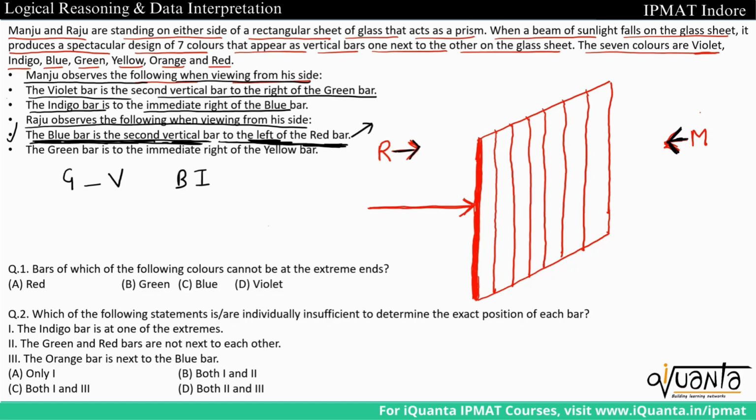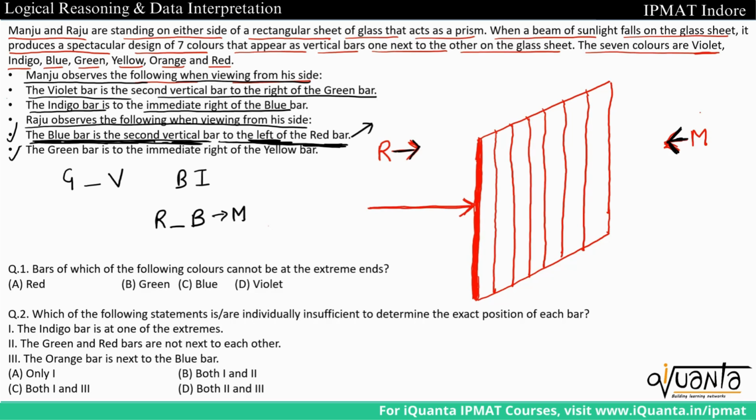So now I'll be arranging the blue bar second to the right of the red bar. This will be as observed by Manju, since we just reversed the statement made by Raju.